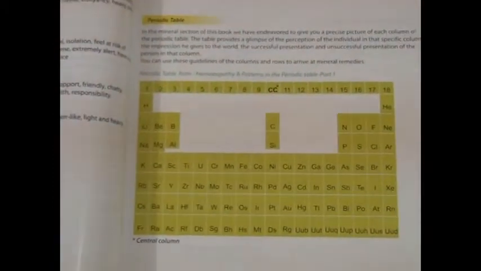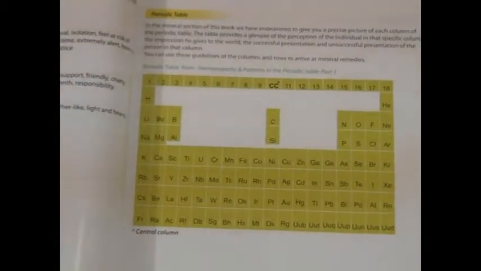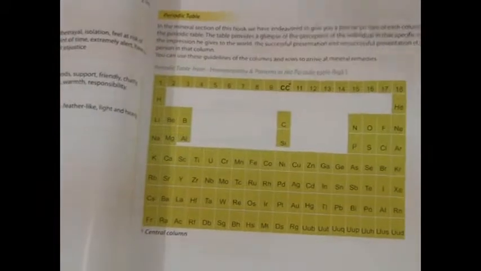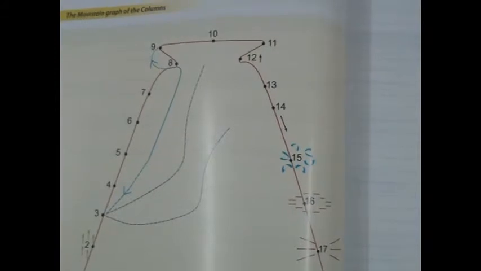Let's look at the minerals. So that's the periodic table, and that's about the 7 rows in the periodic table. This is the mountain graph that we've been discussing in all our seminars about the 18 columns of the periodic table.